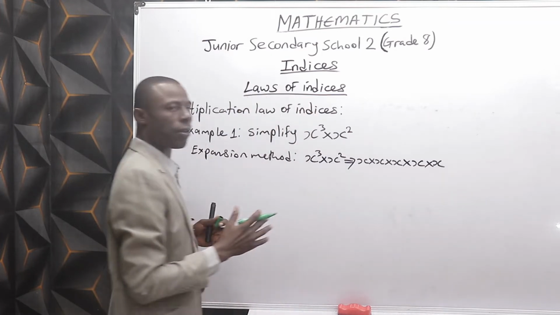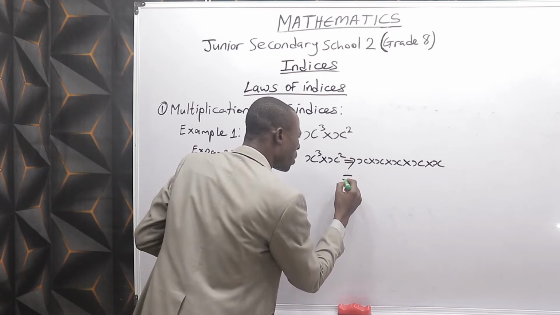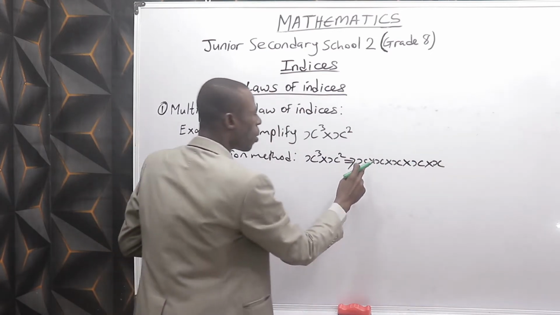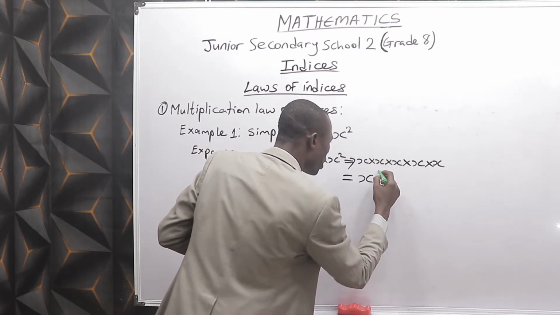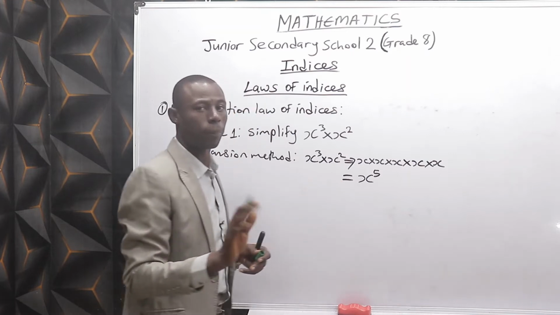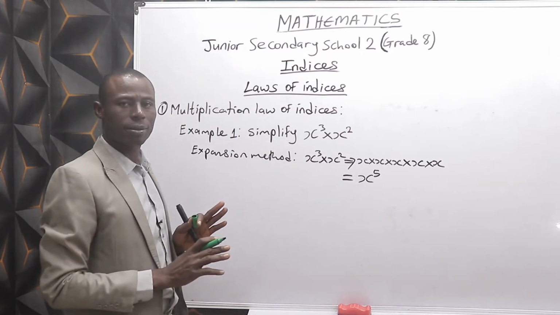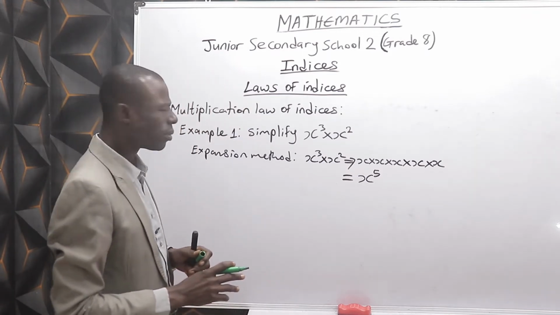We've expanded everything by the expansion method, which means count the number of times you have the x. 1, 2, 3, 4, 5. That means x raised to power 5. X raised to power 5 is the answer just by the expansion method.